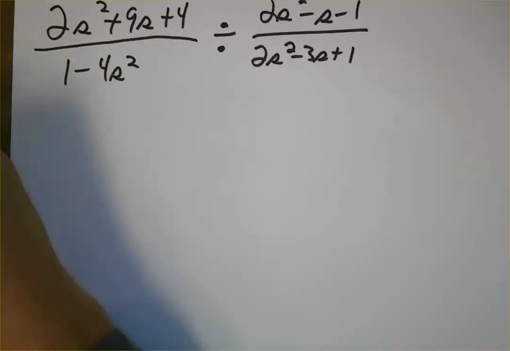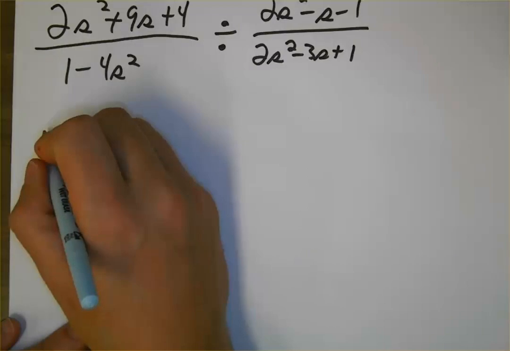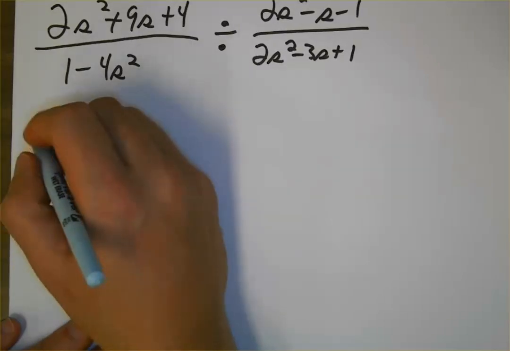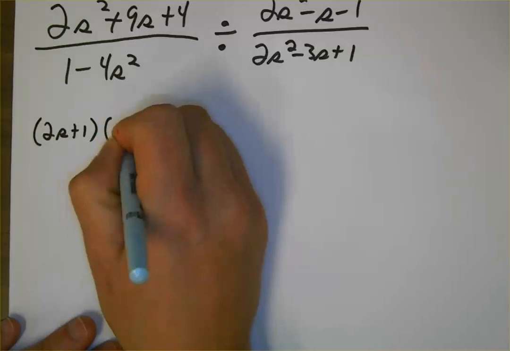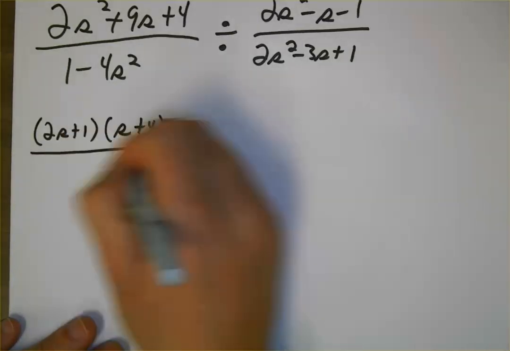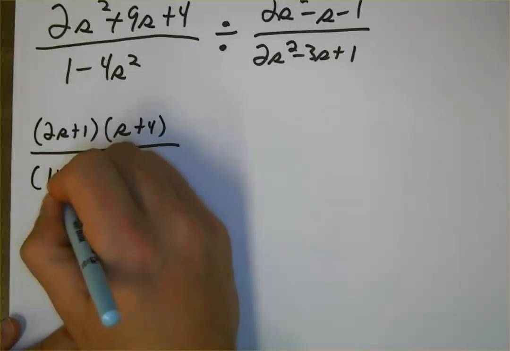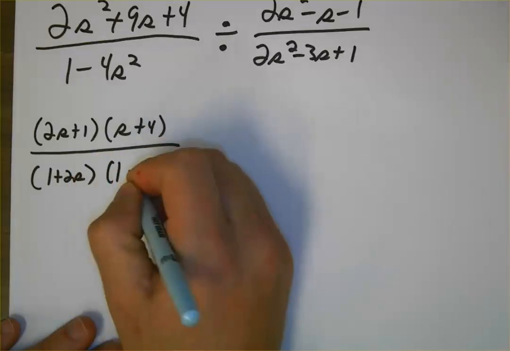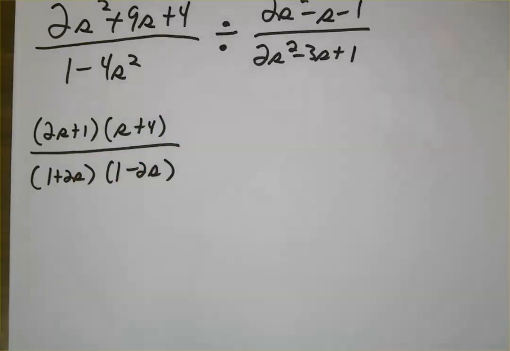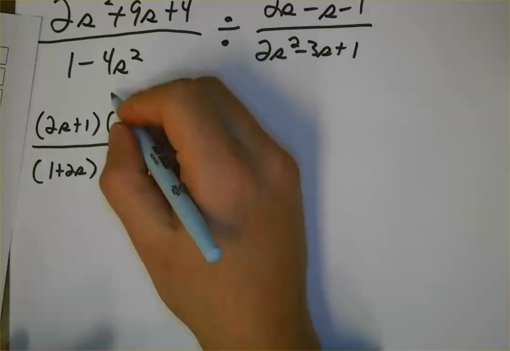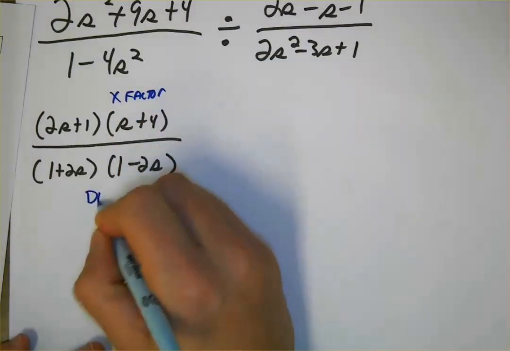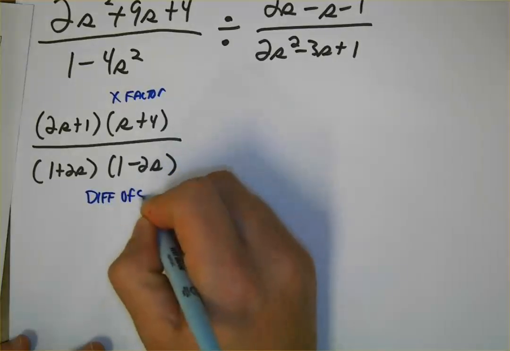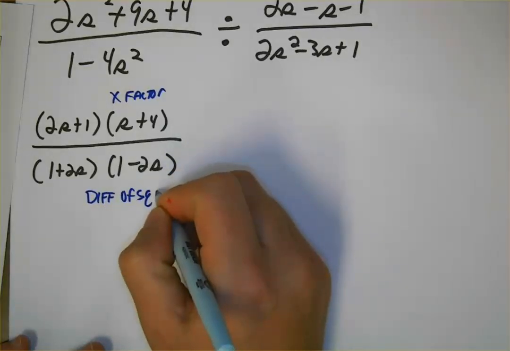This is 2s plus 1 times s plus 4, over 1 plus 2s times 1 minus 2s. Where did that come from? This is x factor, and this is difference of squares.